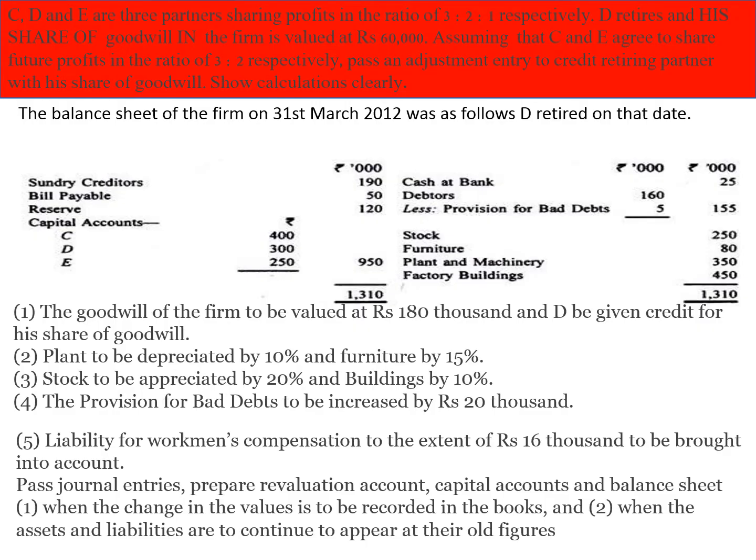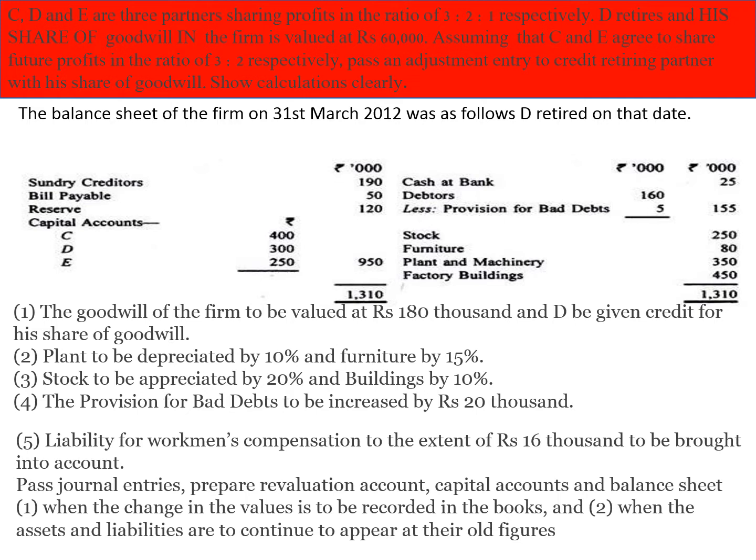Now today we are going to take a question on retirement, where normally it is given whether assets and liabilities are to be shown at old values or on new values.